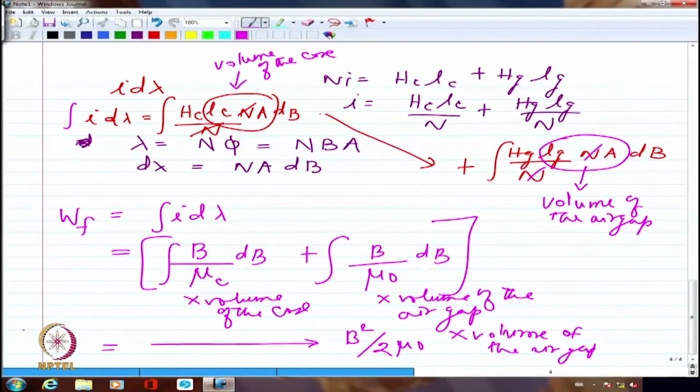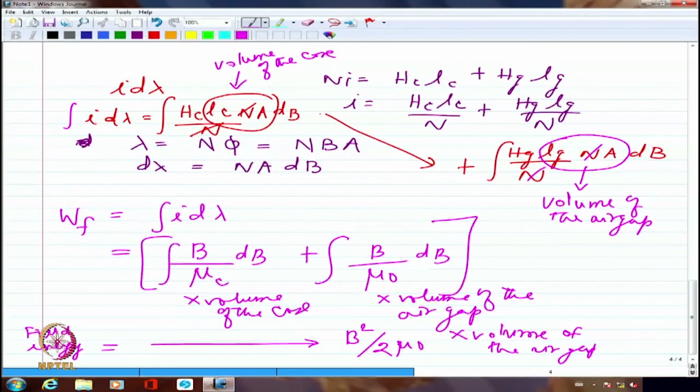So this is essentially the field energy associated with the air gap. Right? I d lambda is not really the expression for field energy all the time, unless I am looking at the mechanical moment being 0. If it is 0, yes, I d lambda can be the expression for the field energy, right?